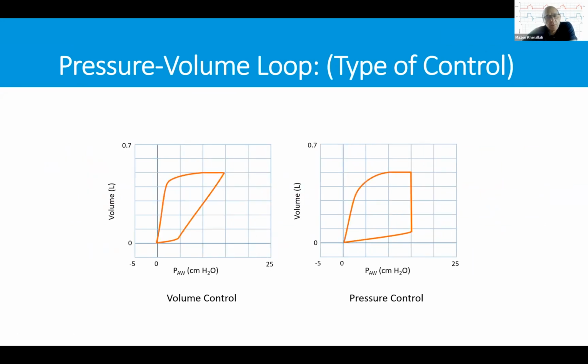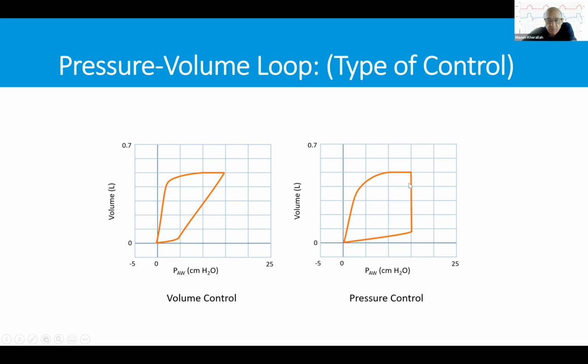And in terms of the control, what you see here is a mandatory breath. You can see that the pressure goes up gradually till the peak inspiratory pressure. Compared to the one on the right, the pressure goes up right away to a level, and then it is maintained. You can see most of the volume is delivered inside the lungs while we are maintaining that pressure at this level.